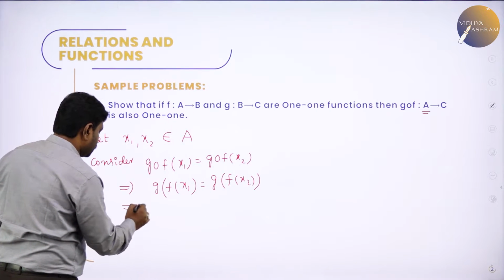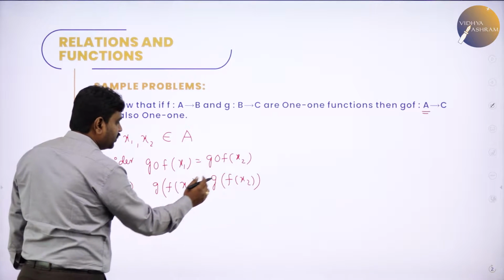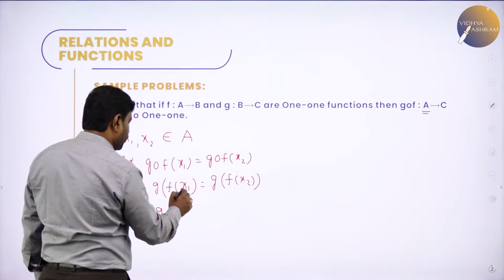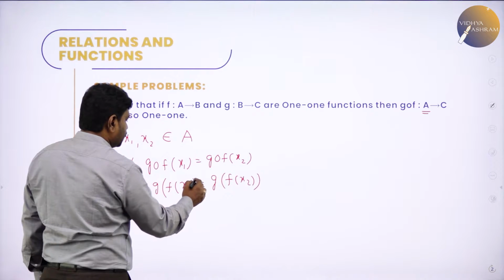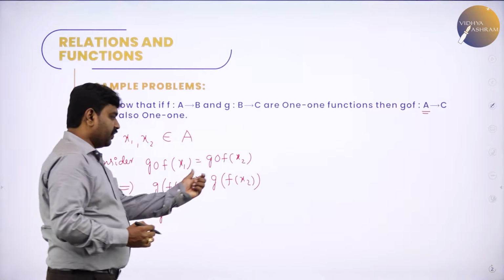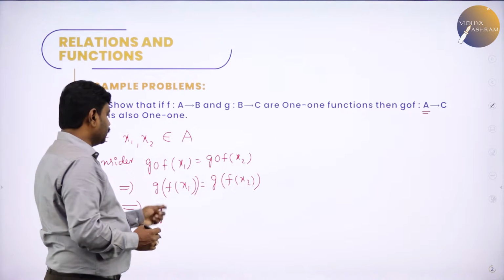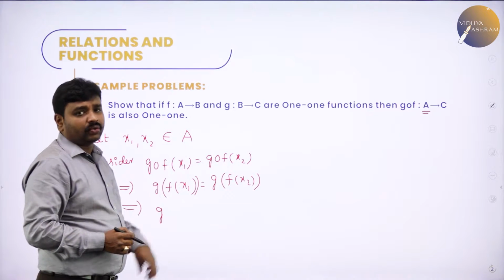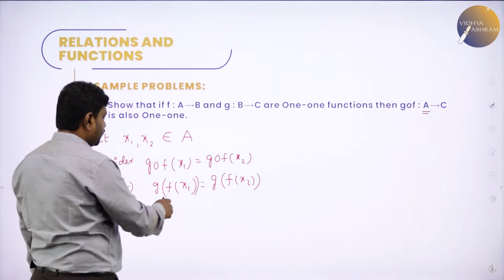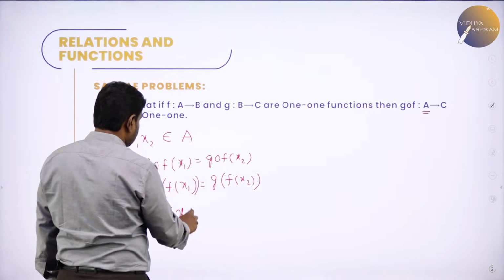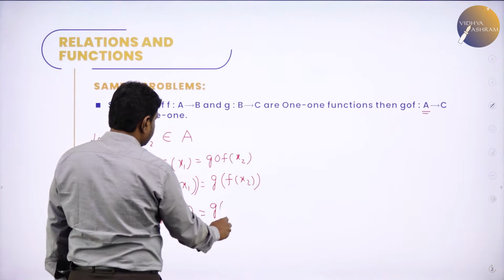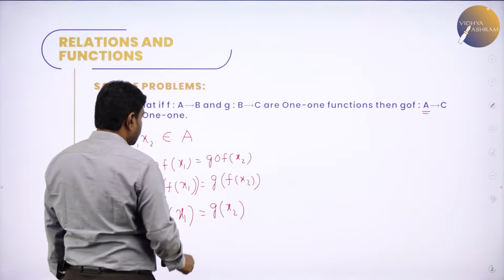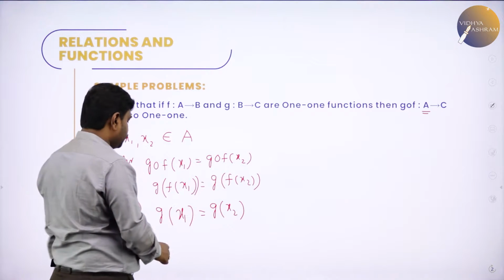Further, f of x1 and f of x2, I can write f of x1 is same as what? You know, g of f of x1, g of f of x2, f of x1 is equal to f of x2 implies x1 is equal to what? X2. I can write g of x1 is equal to g of x2, because f of x1 and f of x2 are same.